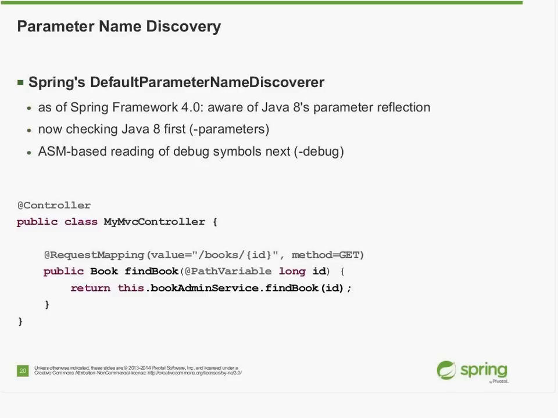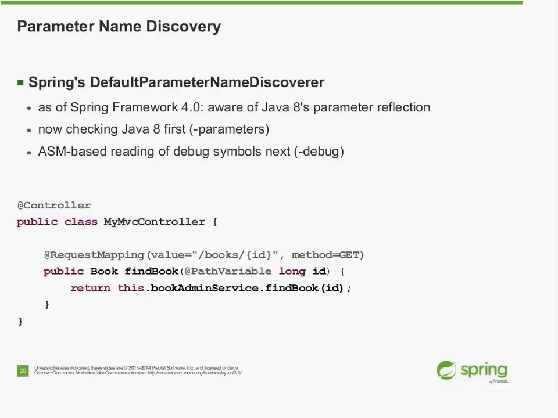As of Java 8, we have a first-class compiler flag called -parameters that creates a specific section for parameter names in the bytecode in the class file and allows us to introspect the parameter names using standard reflection. Literally with the getParameters, getName on reflection types in the Java API.